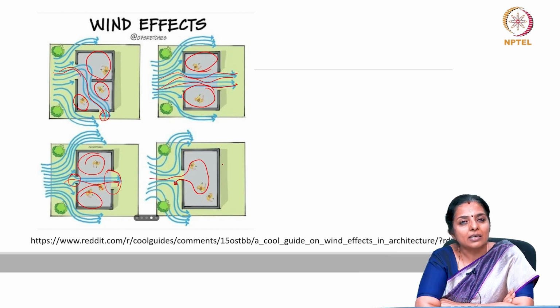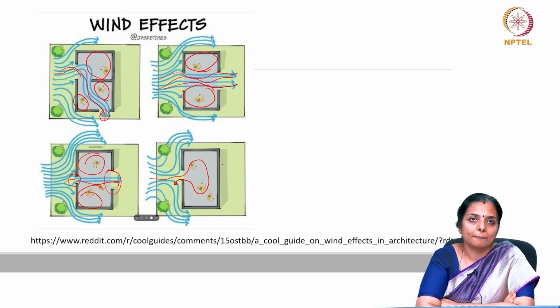We need to understand the basics of movement of air around buildings so that we are able to plan our settlement or our campus to facilitate air movement outside and inside the building.